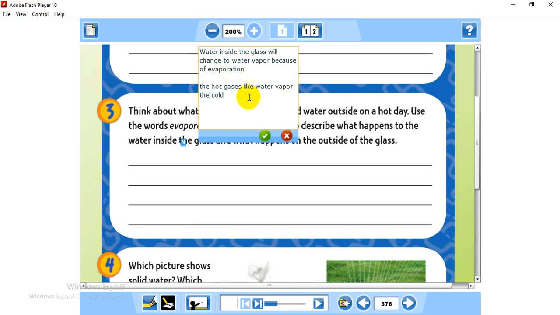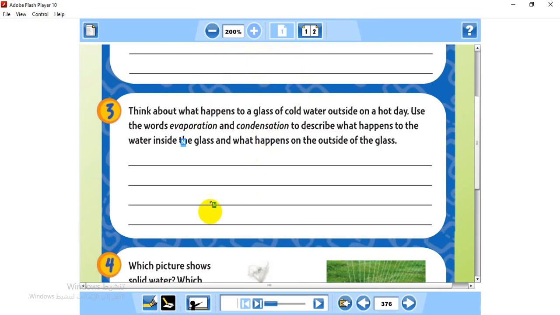A hot gas like water vapor around the cold can will change to droplets of water because of condensation. So one of them is because of evaporation, and the second one is because of condensation. Okay guys, this is the correct answer about this one.